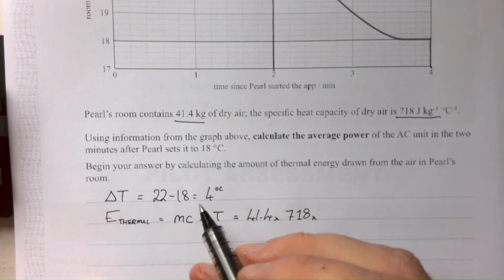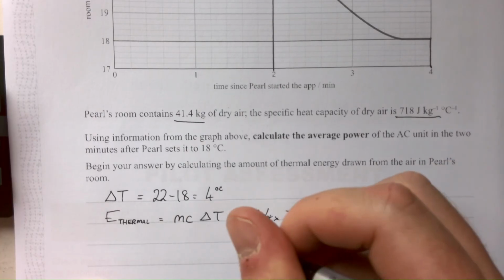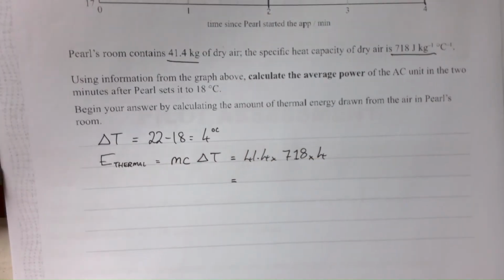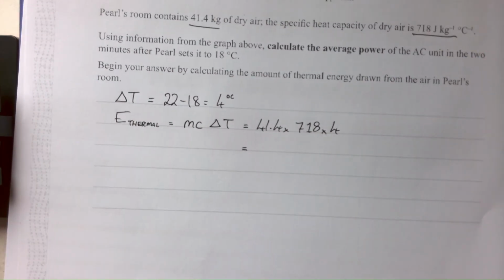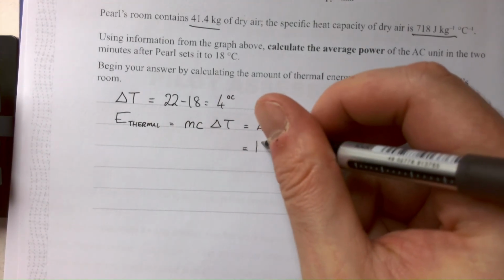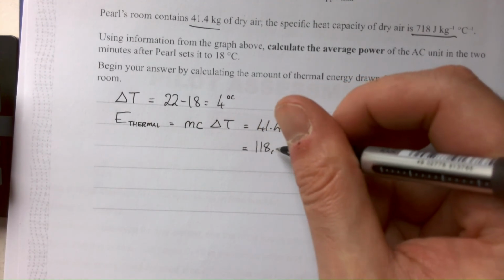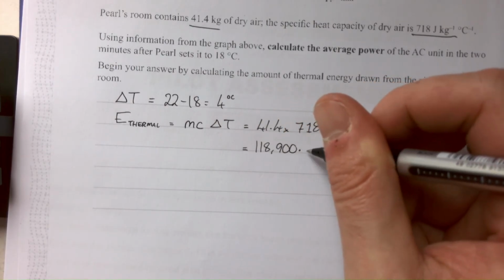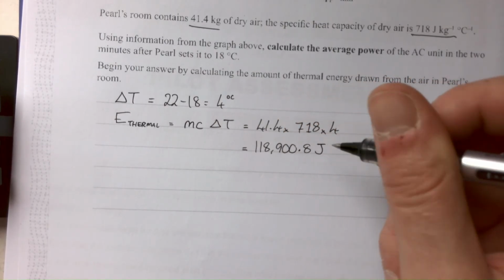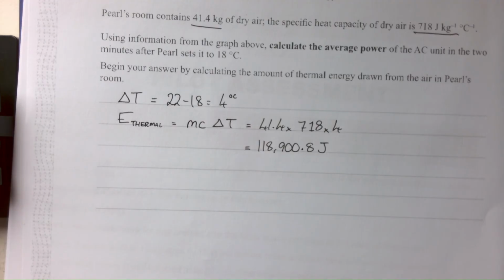And we have just worked out that the temperature change was 4. So I'm going to just work out what that answer is. 41.4 times 718 times 4 is 118,900.8 joules of thermal energy.